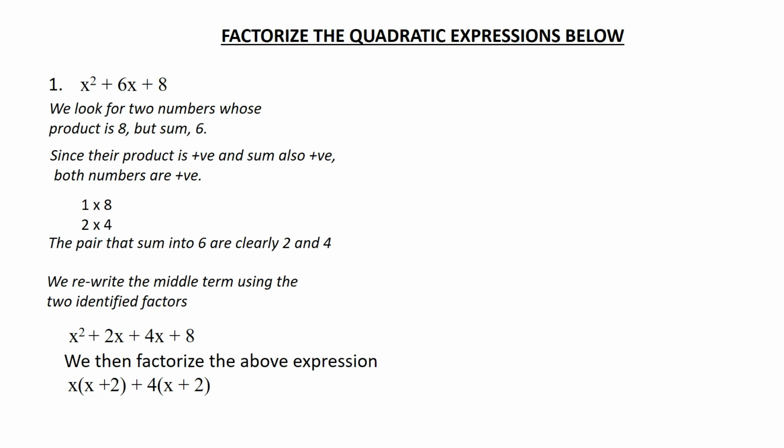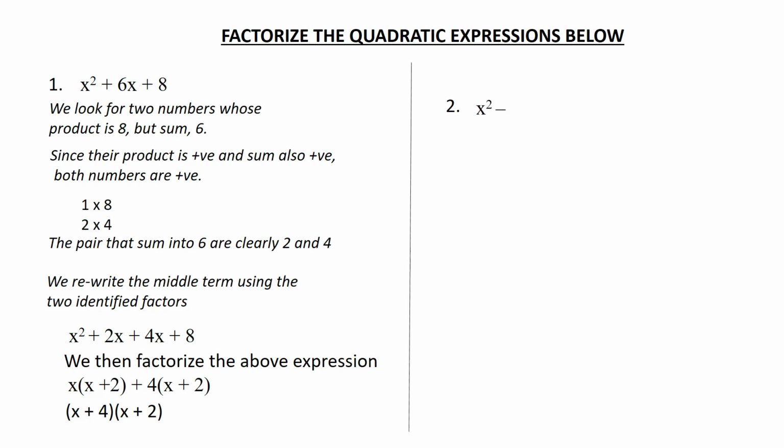So we're going to have x into x plus 2 plus 4 into x plus 2. Now x plus 2 is common. We're going to put it into one bracket and put x plus 4 into another bracket, so that our final result is x plus 4 times x plus 2. That'll be it for the first example. Let us look at the second example.